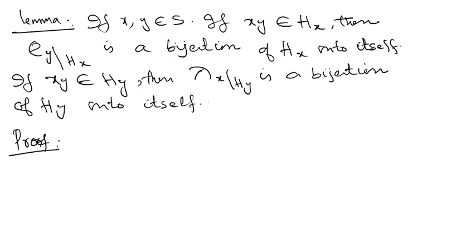By the above exercise we have seen that if as is H related to a, then the right translation x to xs, which is actually rho s, is a bijection of Ha onto itself. So here we have xy, it is H related to x.